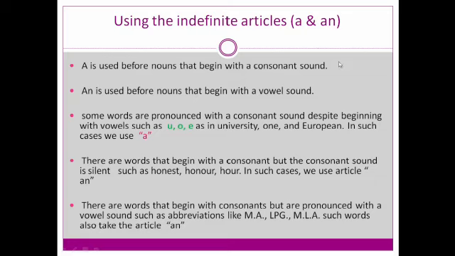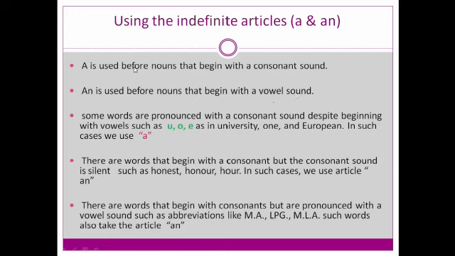It is not mentioned here as consonant letter or alphabet; we have to look at the sound of the alphabet. We know articles are placed before nouns. If a is placed before the noun, that might be a consonant sound. If an is placed, that might be a vowel sound.